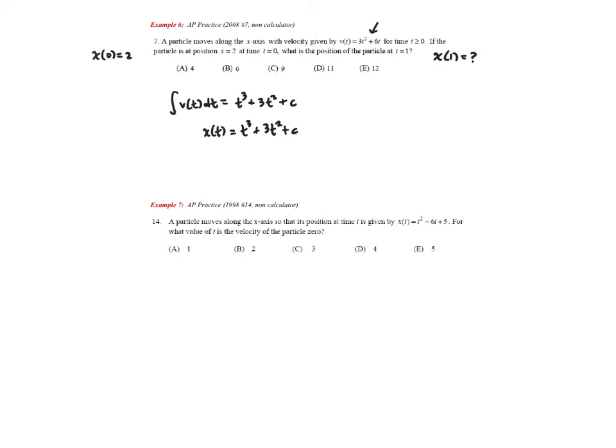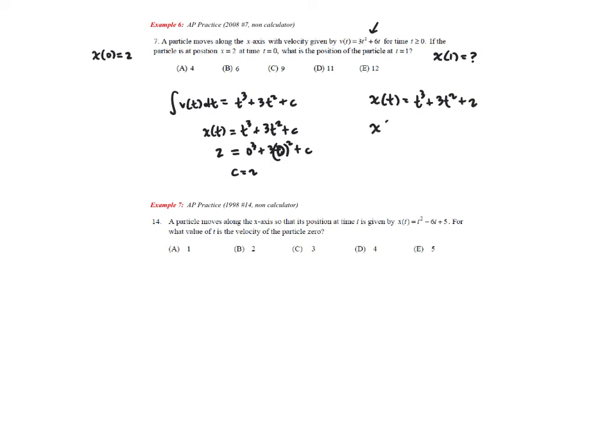Now, our initial position is 2. Oops, that should be a 0 squared plus c. So it looks like c equals 2. Thus, x of t is t cubed plus 3t squared plus 2.